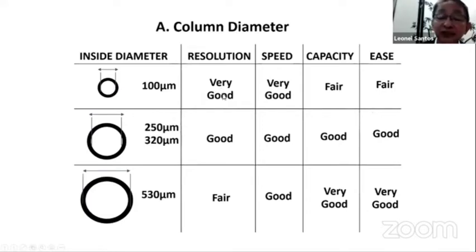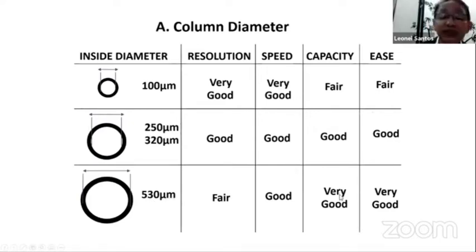It will provide you with good resolution. However, in terms of capacity, it's not going to have as much capacity, meaning if you have a lot of residual solvents, the one that will provide you with better capacity would be a wider diameter GC column, something like 530 micrometer.